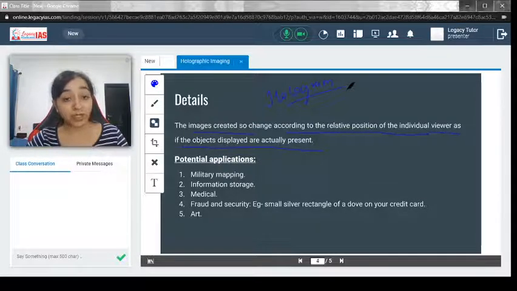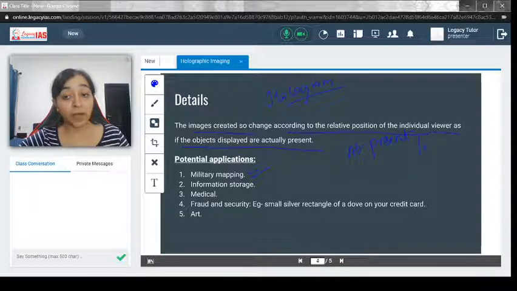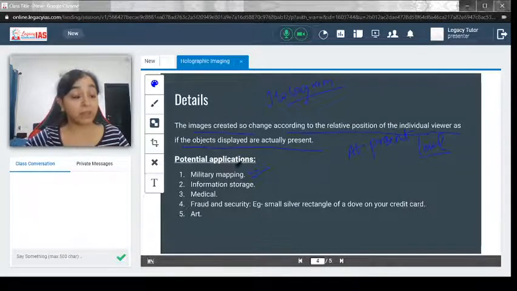What are its potential applications? It has been used in military mapping. In this year's prelims, they asked what could be done at the present level. At the present level of technology itself, for holographic imaging, military mapping is already being done. Information storage has already been taken care of. Medical, we just discussed, how holographic imaging is being used for detecting viruses as well as antibodies.